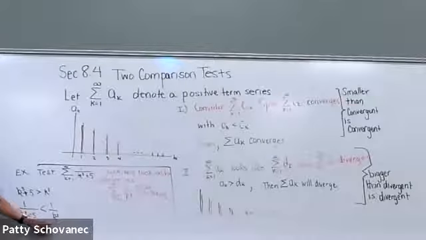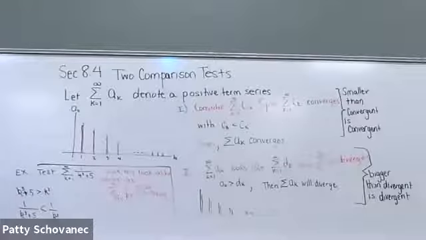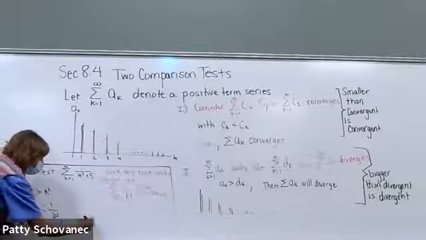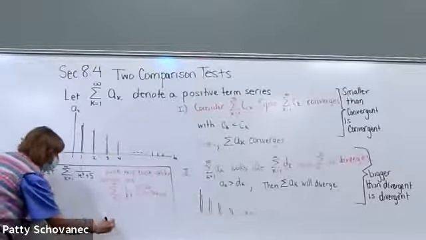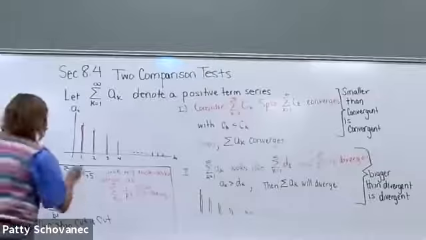So my conclusion is smaller than convergent is convergent. Smaller than convergent is convergent. That's the direct comparison test.